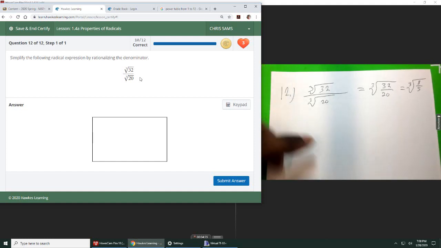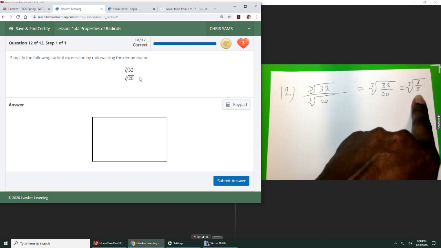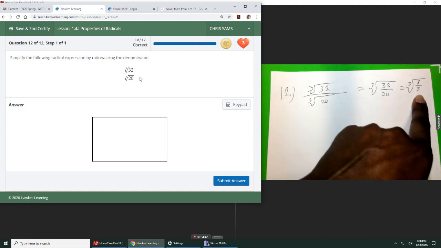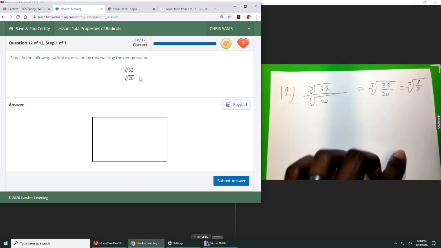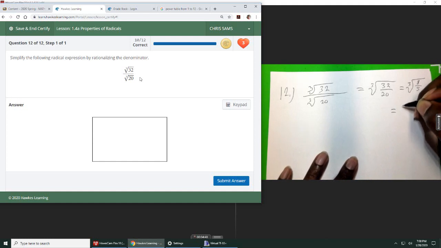But mind you, we still have that issue: math doesn't like to have a radical on the bottom. What I'm really looking at is the cube root of 8, which is 2, and the cube root of 5.